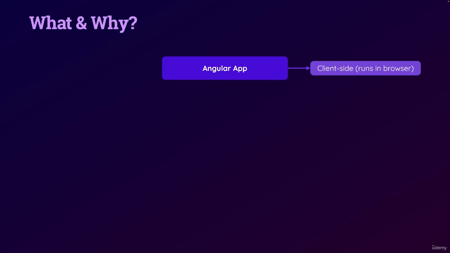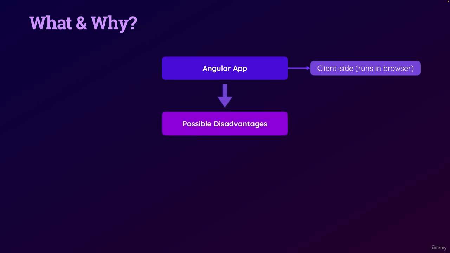And whilst this has some advantages, for example, giving a user this great user experience of instant responses and high application reactivity, this also has some potential disadvantages. Running your code only in the browser gives you some potential disadvantages.